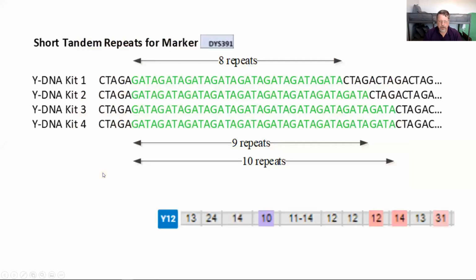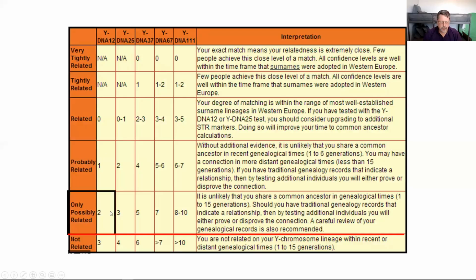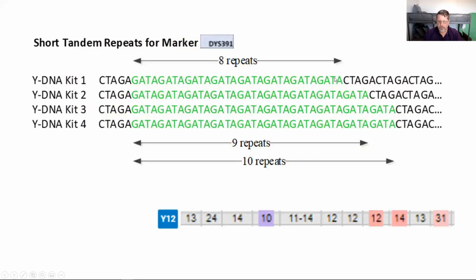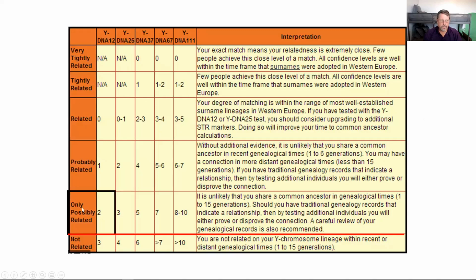So here, these 2 people, 1 genetic distance would say that they are probably related. And here, this person to these 2 people is only possibly related, okay? And then this is like the cutoff. With 12 markers, 25 markers, 37 markers, 67 and 111 markers, the more markers, the more genetic distances you're allowed and still be related.